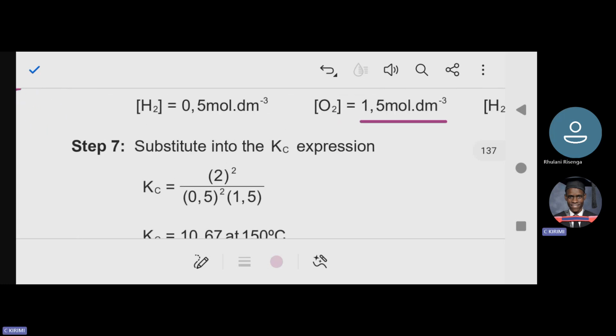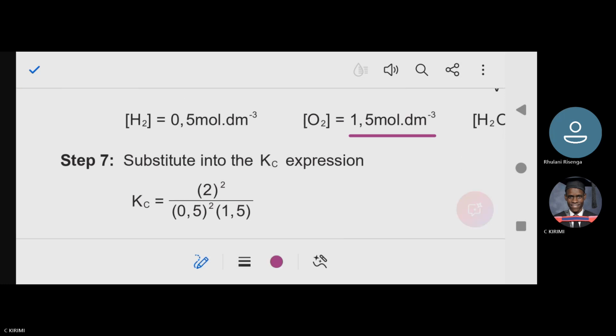So is this not the concentration? It is. Then why are we squaring? Because of the coefficient. Is this not our reactant? Is this not our oxygen? It is. So let's verify if the answer is correct.